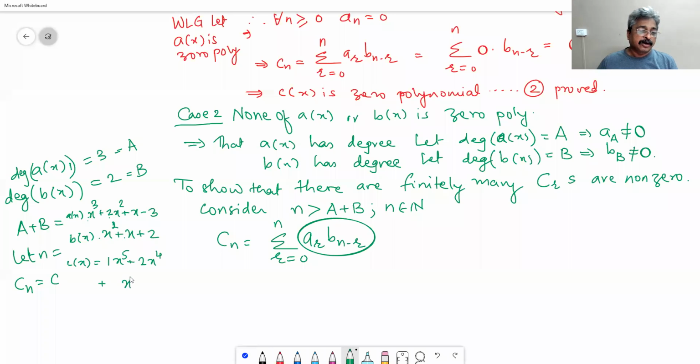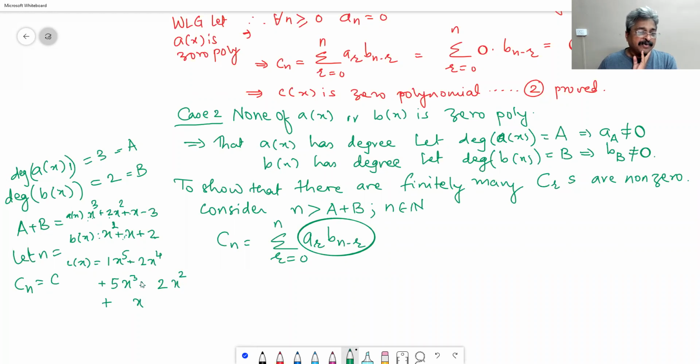Then what will be the coefficient of x raised to 3? x raised to 3 is generated by multiplying 2 with this. Therefore 2 into 2 plus 2, 4 plus 1, this will be 5. What will be the coefficient of x square? x square can be generated by 2 into 2, 4, plus 1 into 1, 5, minus 3, that is 2x.